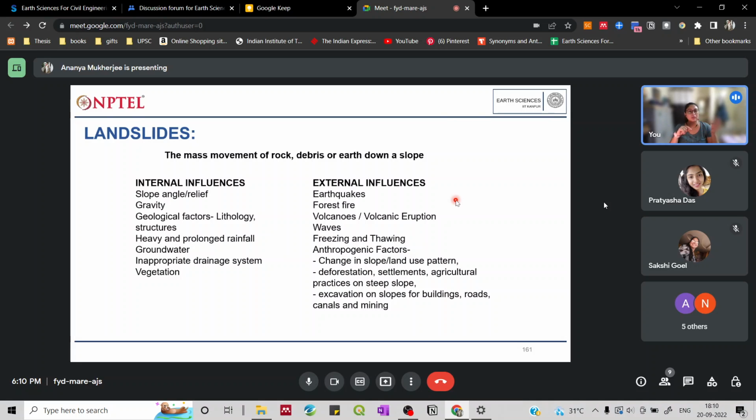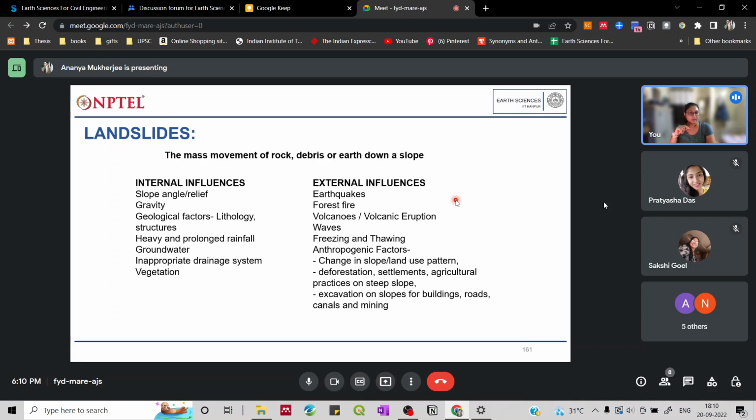Then there are external influences. Landslides are sometimes accompanied by bigger deformation processes, bigger ground shaking movements like earthquakes, then forest fires, volcanoes, waves.